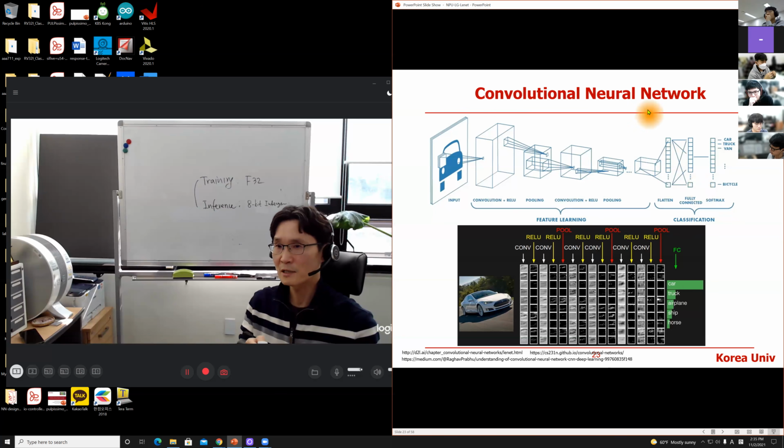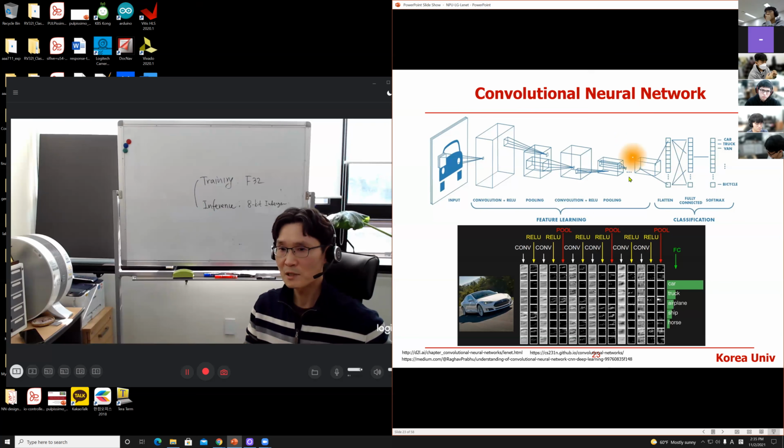For CNN, there are two big steps. The first step is feature extraction. And the second step is classification.